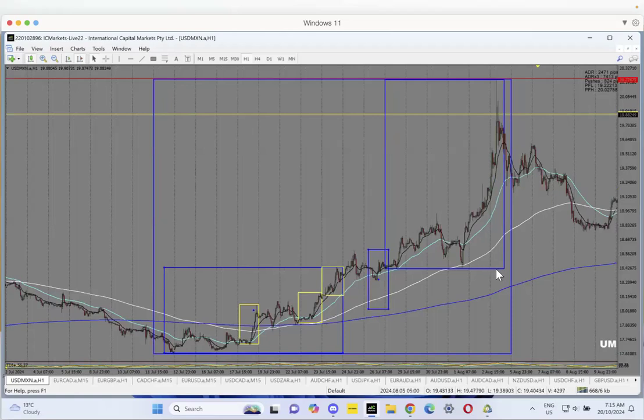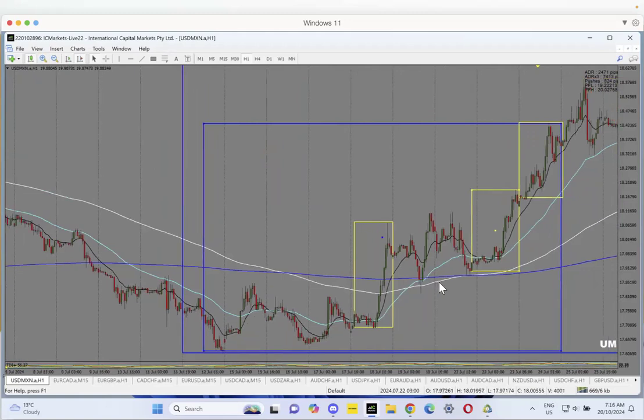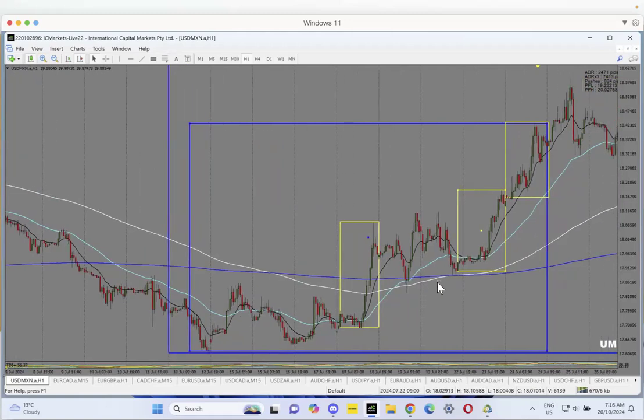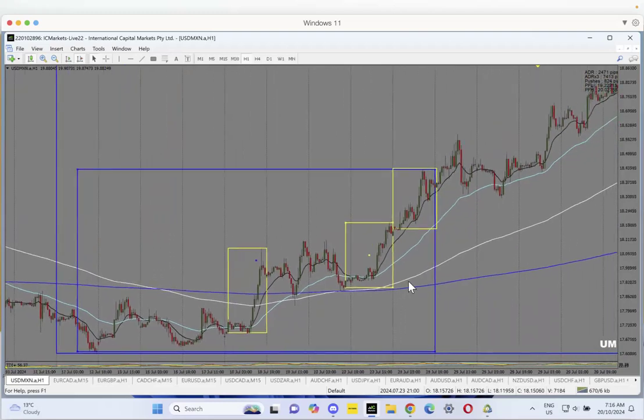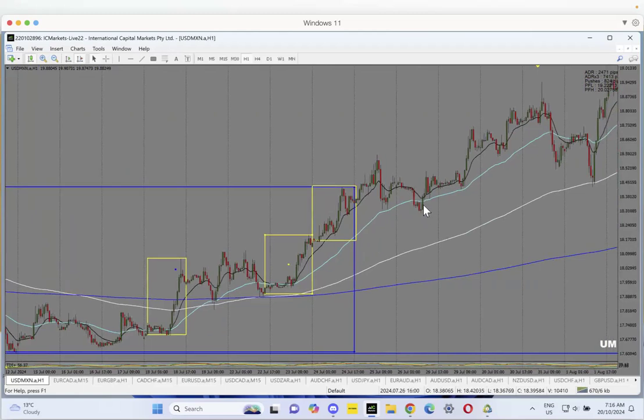Then after a reversal, all right, I'll put this one aside for a second. After a reversal, let me try and zoom this so people can see. All right, so I said that was 1, that was 2, that was 3. Then I've got another rise here after the 50 EMA.